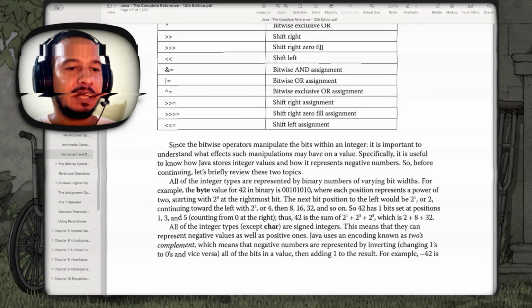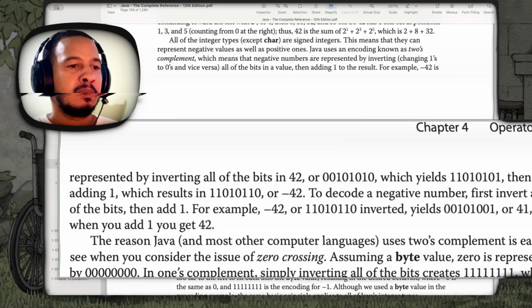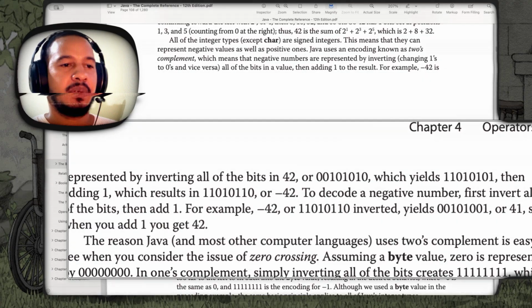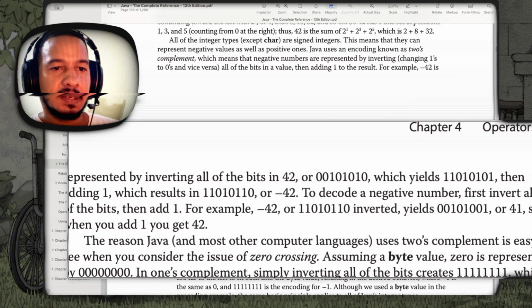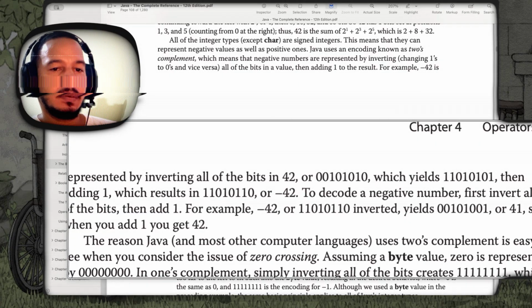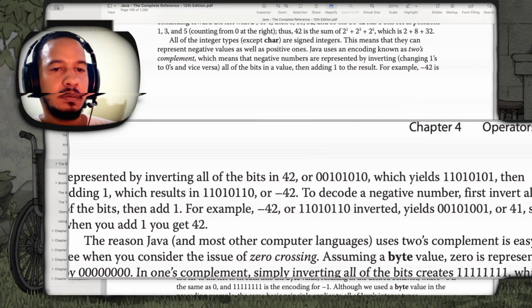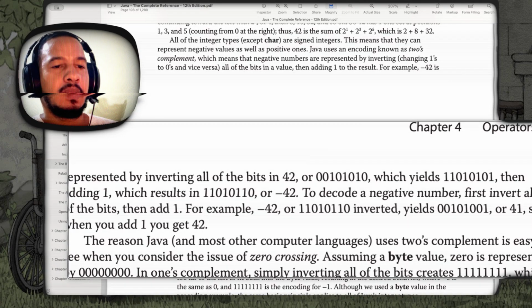Okay, so for example, negative 42 is represented by inverting all of the bits of 42, or 0, 0, 1, 0, 1, 0, 1, 0, which yields 1, 1, 0, 1, 0, 1, 0, 1.